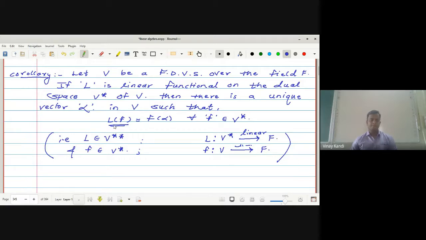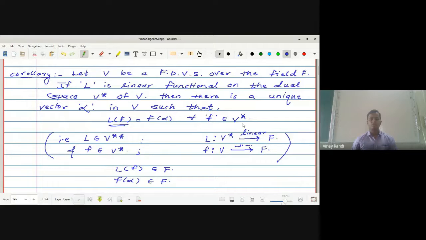L of f belongs to capital F, which is the codomain. And f is a function from V to capital F, so f of alpha also belongs to capital F. We have to show that there is a unique vector alpha such that L of f is equal to f of alpha for all f belonging to V star.